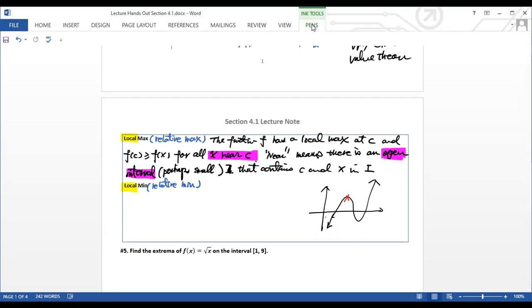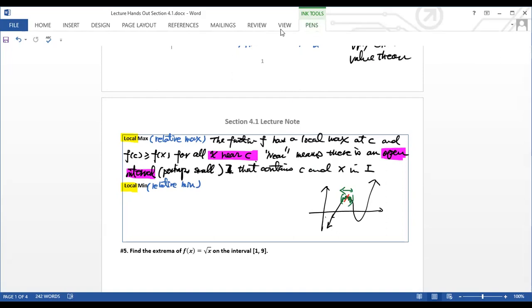But if I have an open interval just around this area, a very small interval, then in this interval the red one is the largest one. That's what we call relative, compared to its neighbors. Yes, the red one is the largest one here.